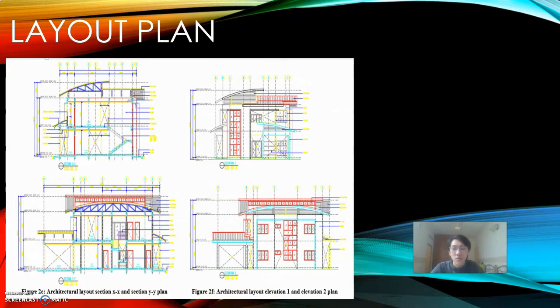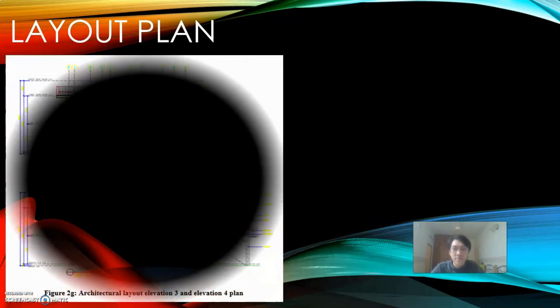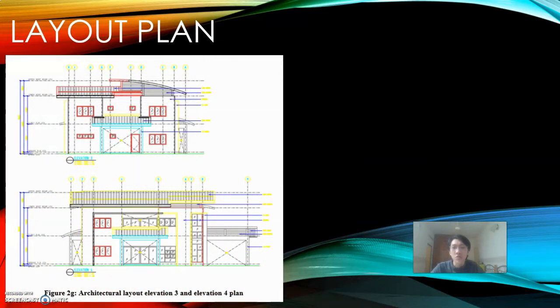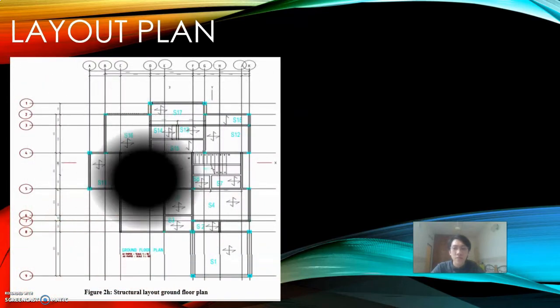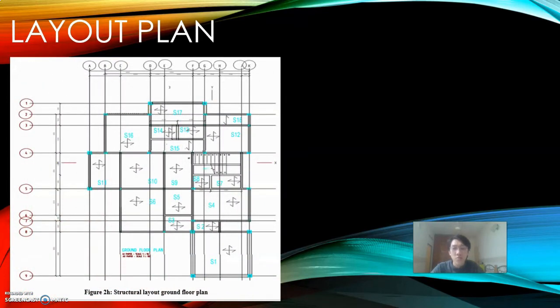Figure 2E shows architecture layout section X and section Y plan. Figure 2F shows architecture layout elevation 1 and elevation 2 plan. Figure 2G shows architecture layout elevation 3 and elevation 4 plan. Figure 2H shows the structure layout ground floor plan.